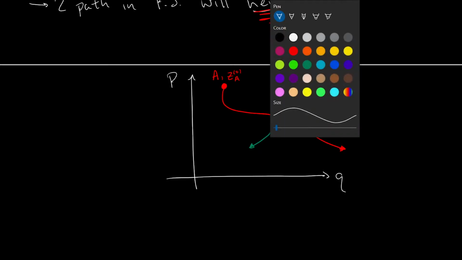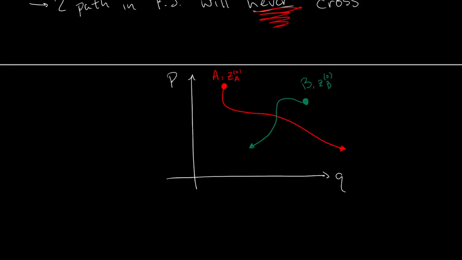So now I need a different color. How about blue? Now we'll consider a third system, which I'll call C, with initial condition Z0C, where its initial condition is the crossing point in phase space.